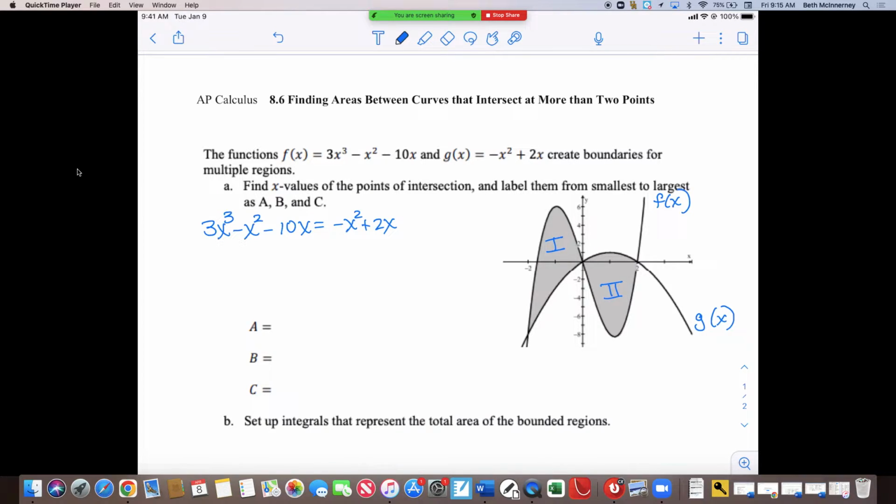Then A will be the left intersection x value, the middle one is B, and C is the one on the right. And then if you can figure out how to solve it, go for it.